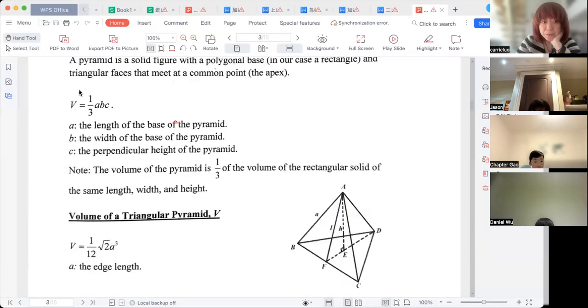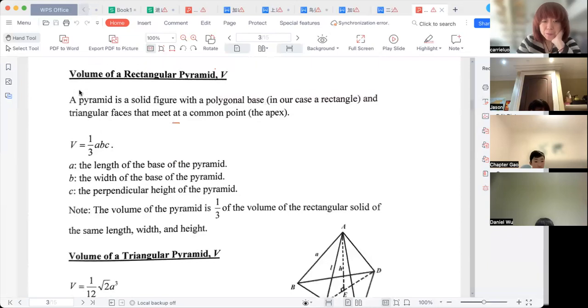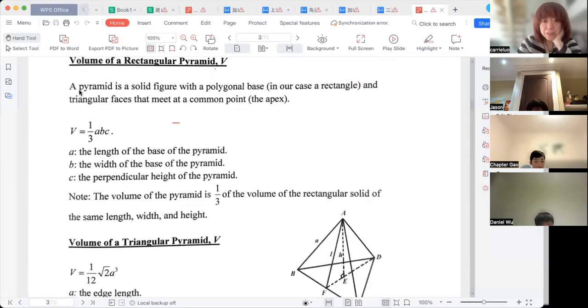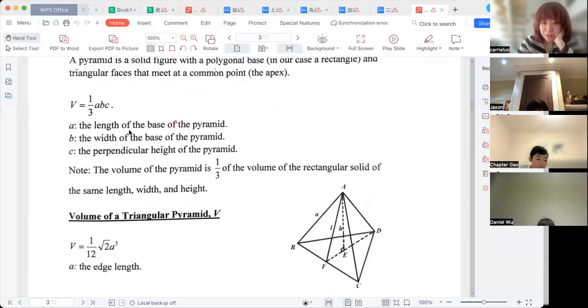Okay, so that's the last one. So the volume, the pyramid is a solid figure with a polygon base, in our case a rectangle, and triangular faces that meet at a common point, the apex.